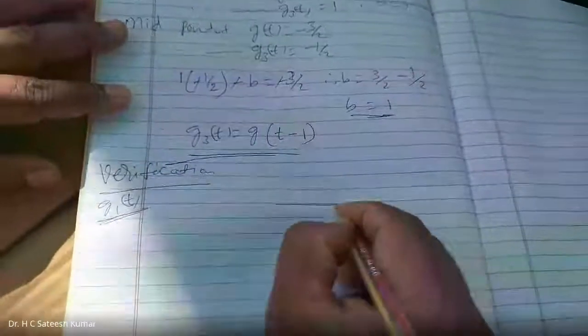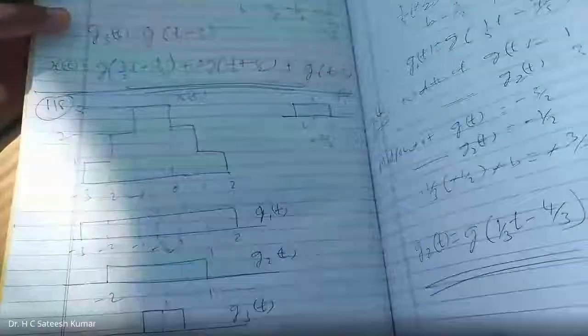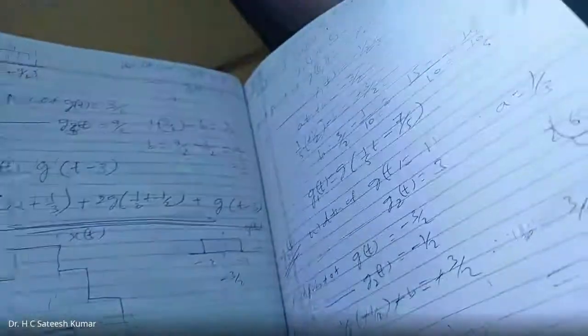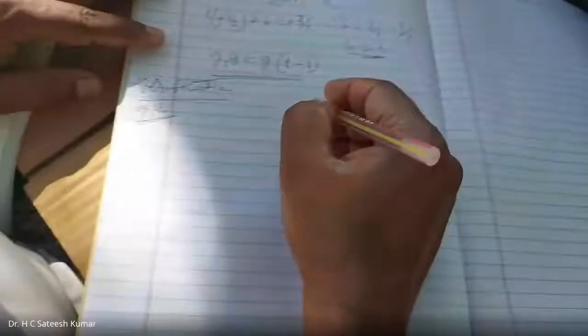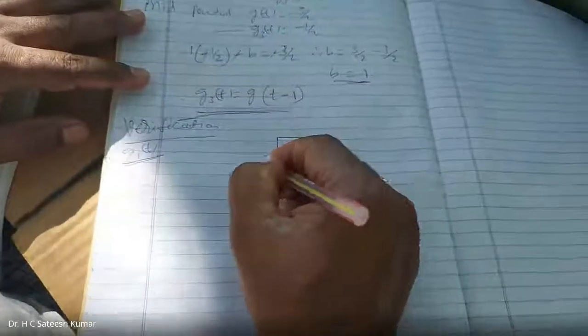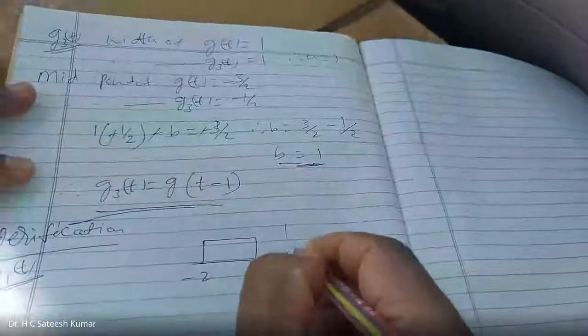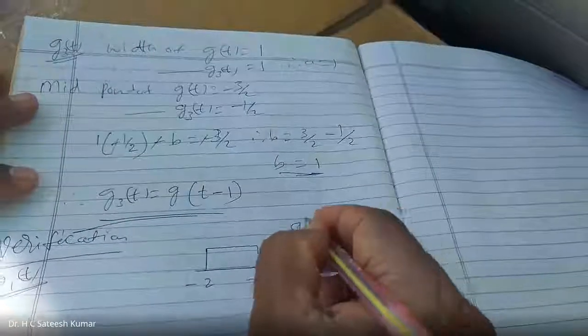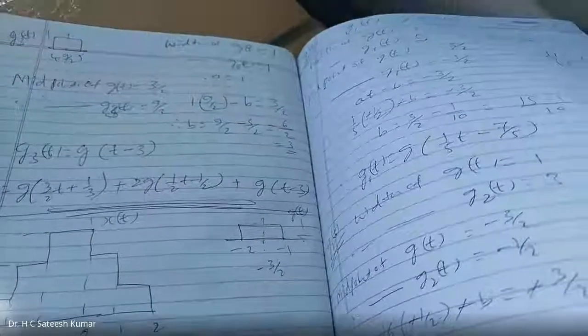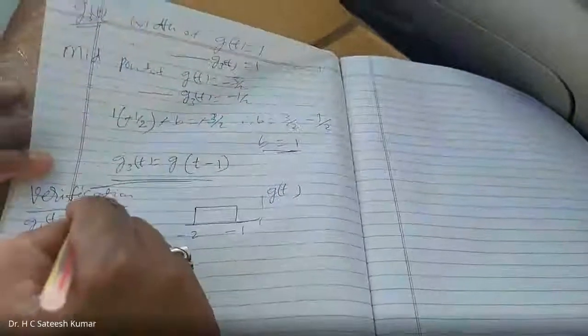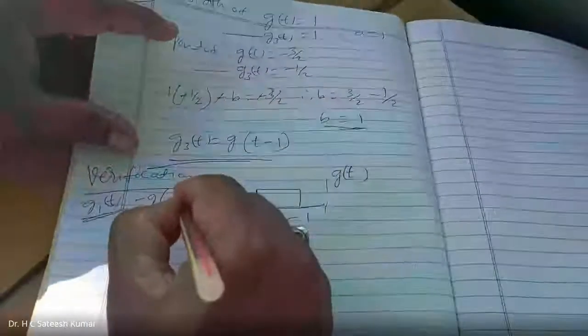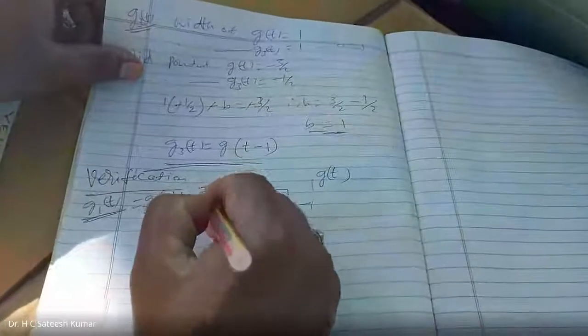First you take g of t. g of t is ranging from where to where? From -2 to -1. This is your g of t. Now, we got the answer for g1 of t as 1 by 5t minus 7 by 5.